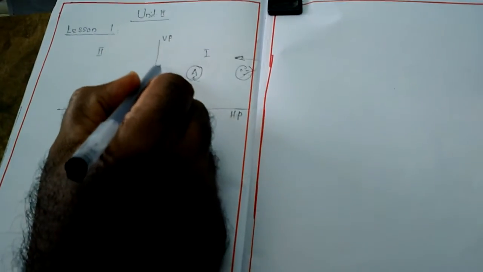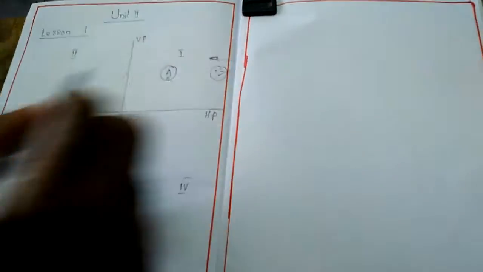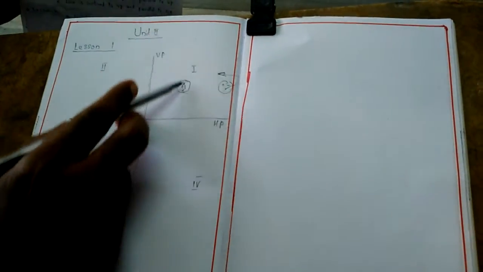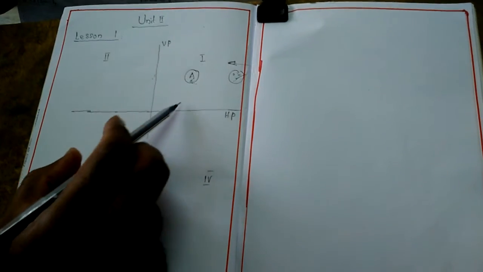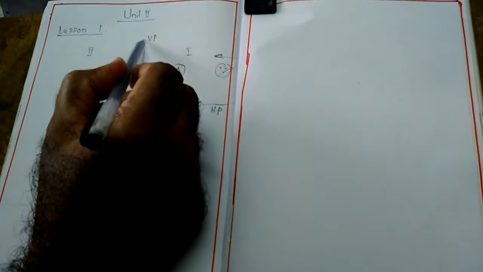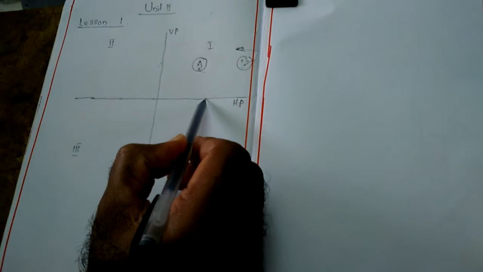So this is called the front view. Once the object is here, and it is seen in this downward direction, automatically this shadow lies on the horizontal plane. This view is called the top view. So in the first angle projection method, the front view lies upon the vertical plane, the top view lies upon the horizontal plane.